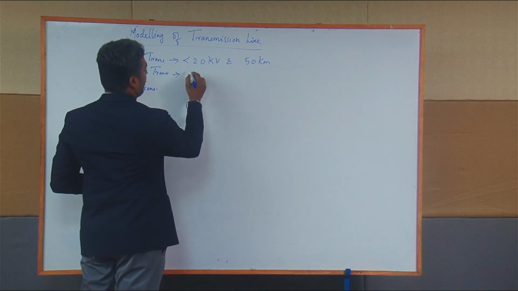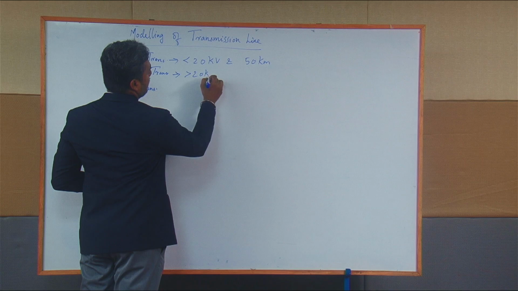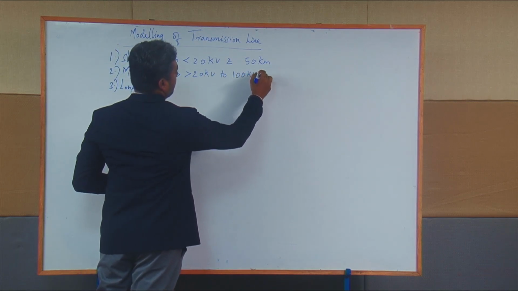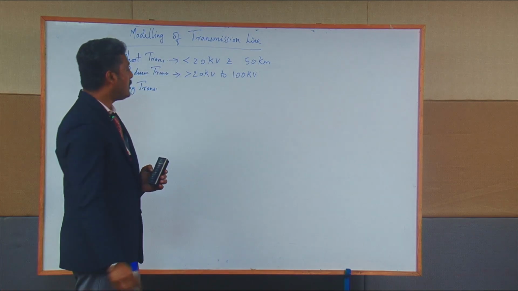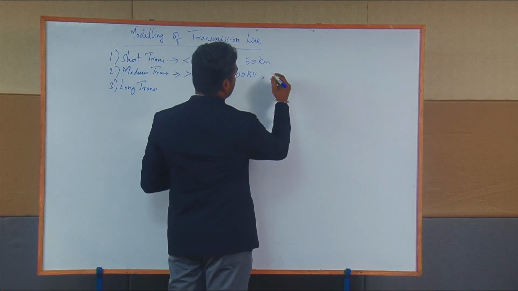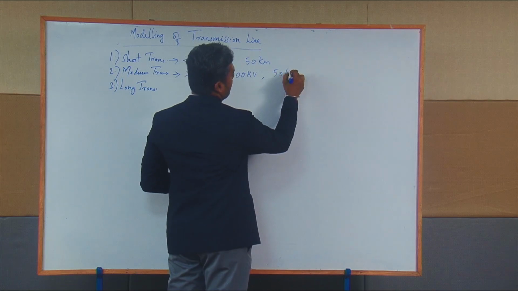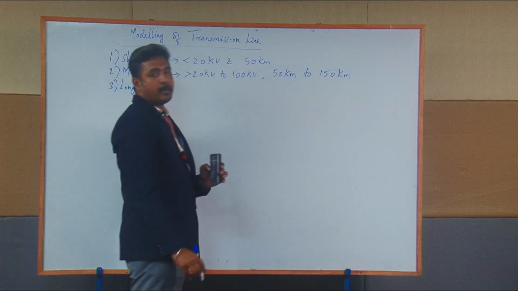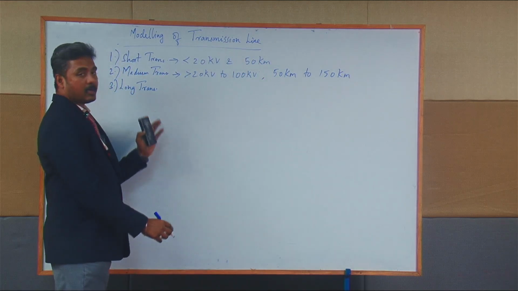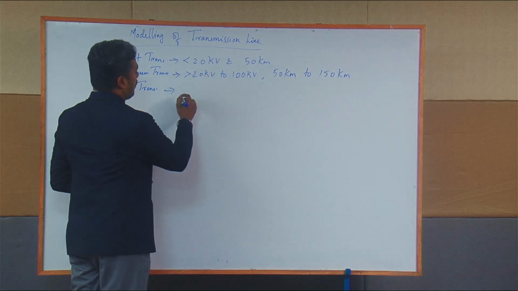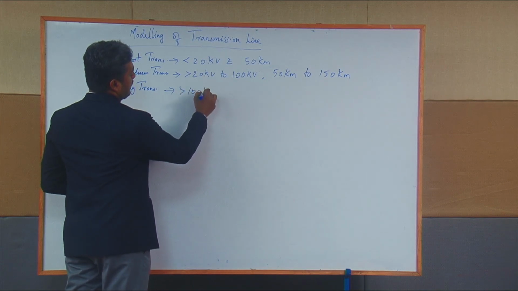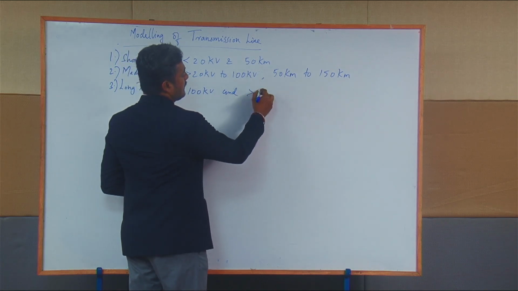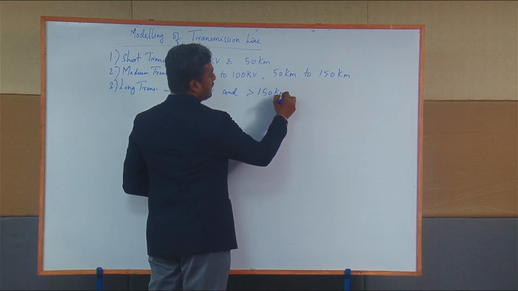Medium transmission line, the voltage is greater than 20 kilovolt to 100 kilovolt, and the distance of that transmission line is between 50 kilometers to 150 kilometers. In a long transmission line, we will be having the voltage level greater than 100 kilovolt and the distance of that long transmission line is greater than 150 kilometers.